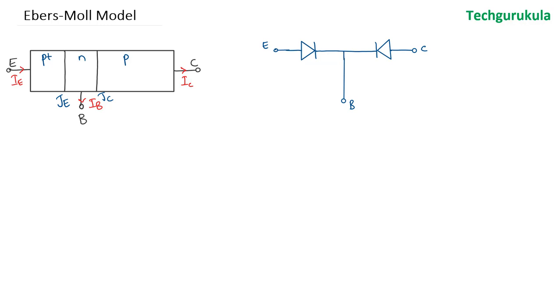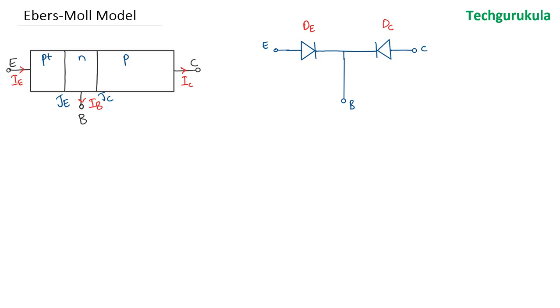Now let me call this diode the emitter diode just for our reference, and this is the collector diode. If we take two diodes and connect them in this fashion, obviously they wouldn't work as the BJT that we have on the left side, because this first diode DE cannot control what happens in DC, the collector diode. And the same thing happens here, DC cannot control what happens in DE.